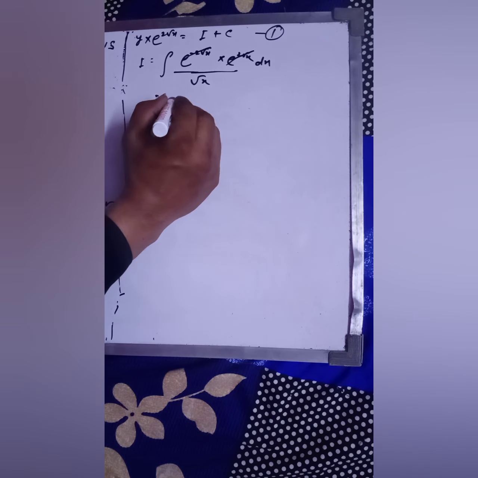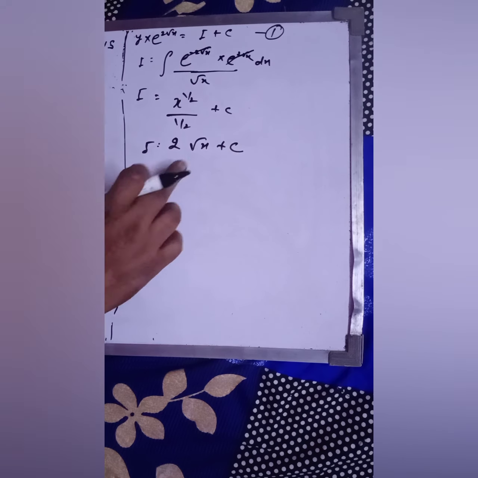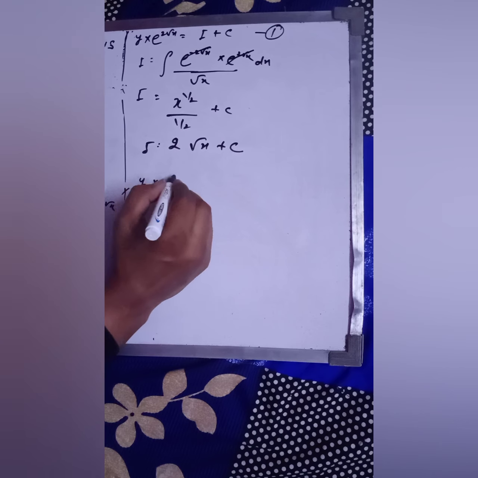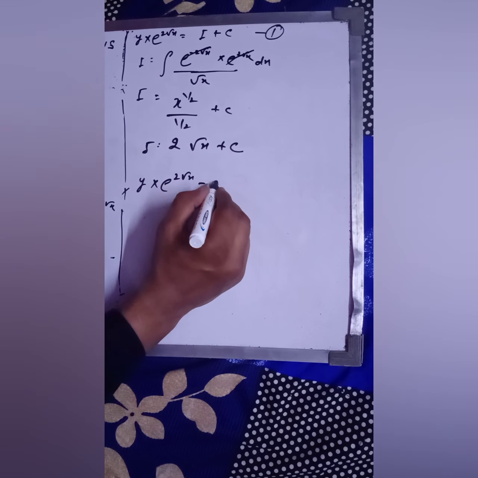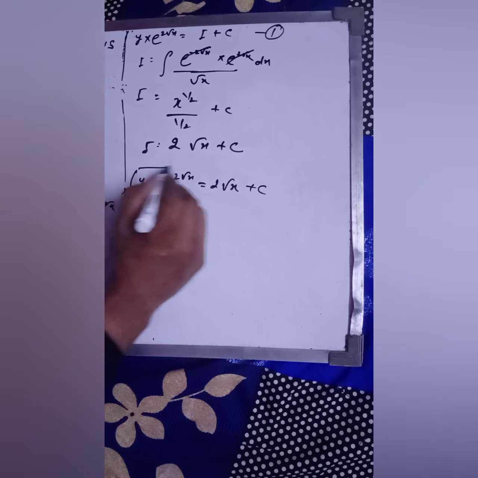And integration of 1 by root x is x to the power 1 by 2 over 1 by 2 plus c. So this is your I. So I would be 2 root x plus c. Okay, so you have to put this value of I in this equation and you will get y into e raised to power 2 root x is equal to 2 root x plus c. So this is the required answer.